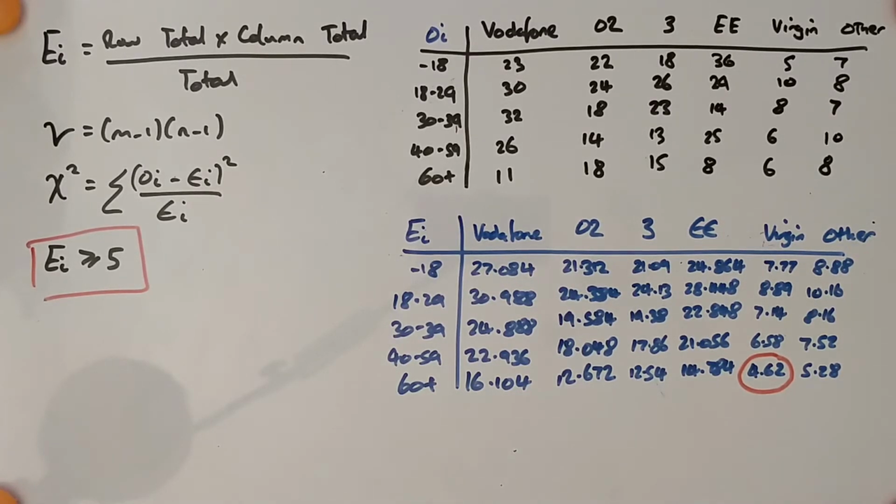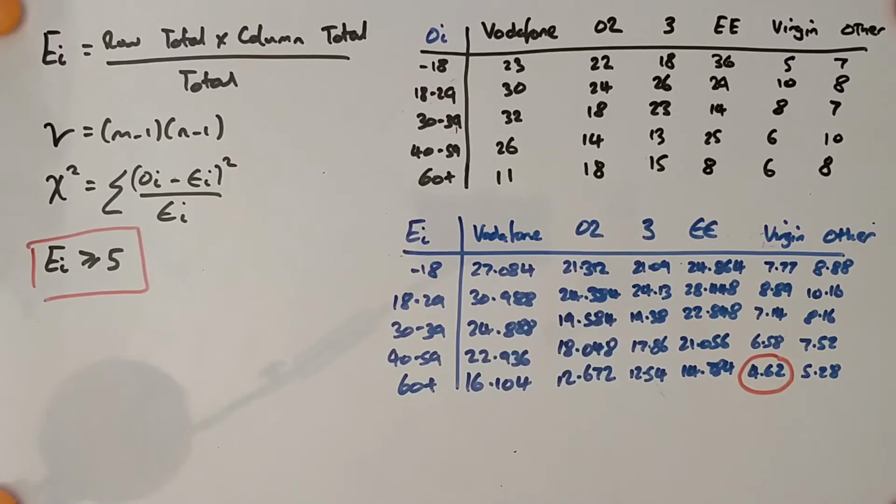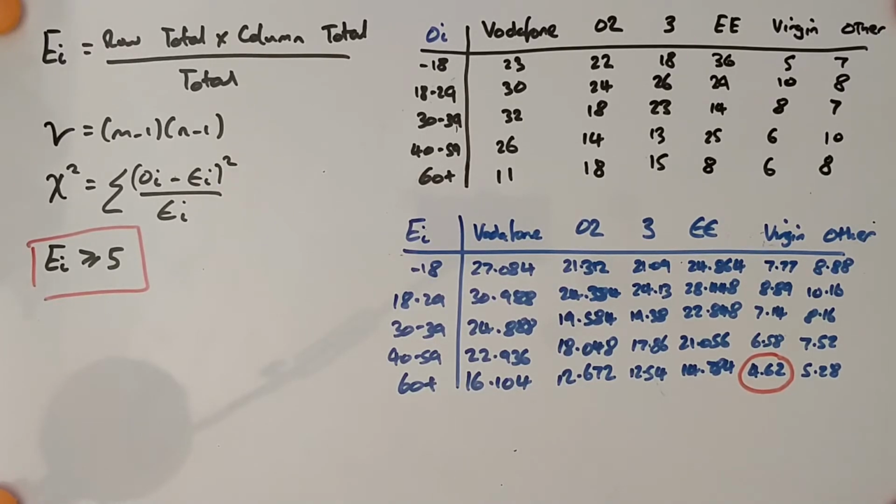Then it's important to have a look at what the question is asking. So if this question is, is there an association between age and mobile phone operator? If I combine the rows, so I combine this one to make a 40 plus row, that's not going to give me enough information to decide whether there is a dependence. Yeah, because that 40 plus section will be far too big, so it will be a pointless thing to do.